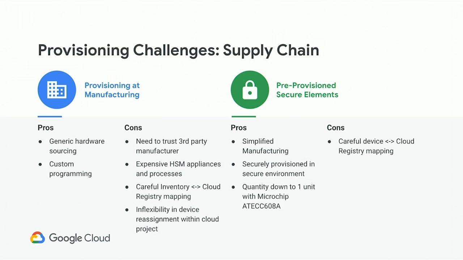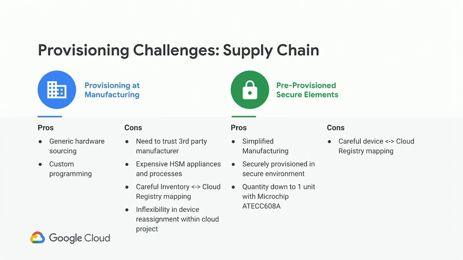And the second aspect is that you have to do a careful cloud registry mapping as well, right? And I think the larger problem is the overhead of having these extra steps of programming that may give you customization capabilities, but for 90% of the use cases, you don't really need it.